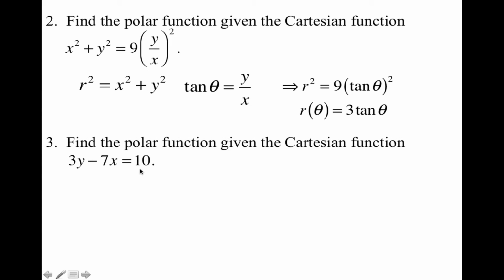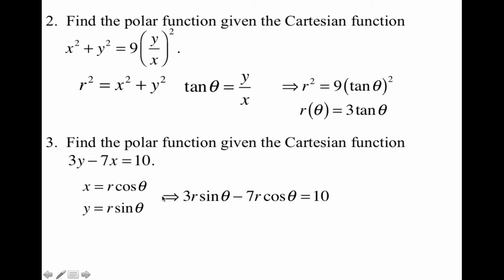All right, this time let's find the polar function given the Cartesian function of 3y minus 7x equals 10. This time, we're going to want to use the fact that x equals r cosine theta and y equals r sine theta. I'm not using r squared equals x squared plus y squared because I don't have an x squared and y squared in here.